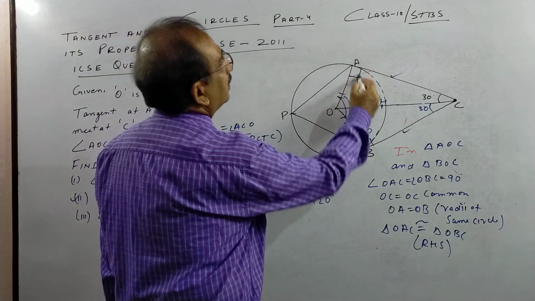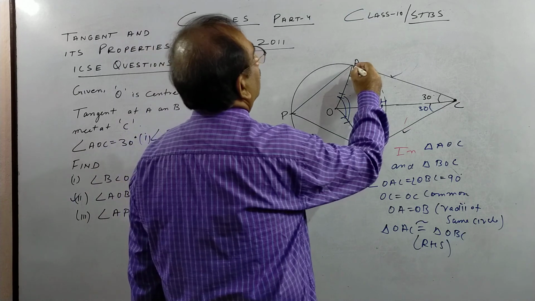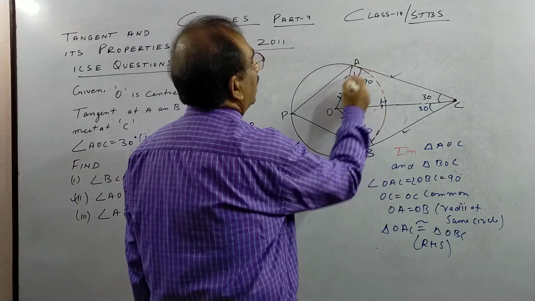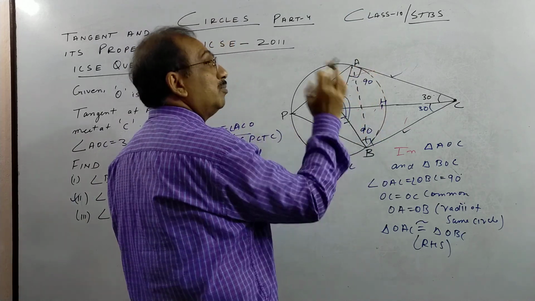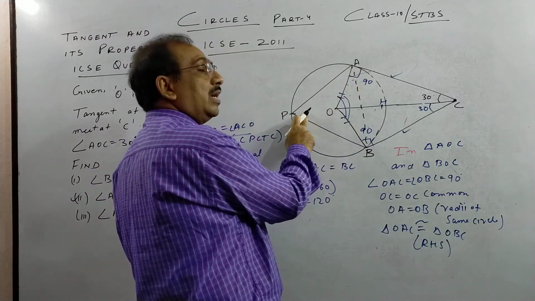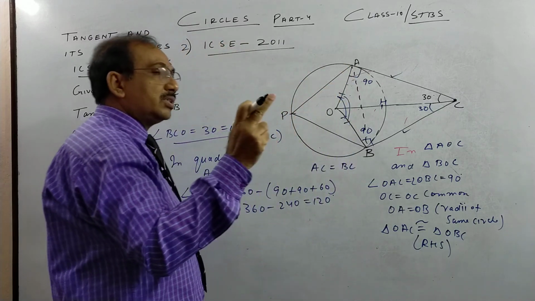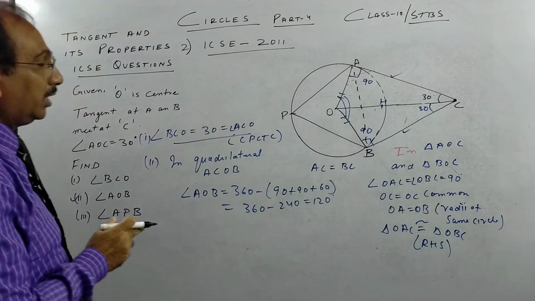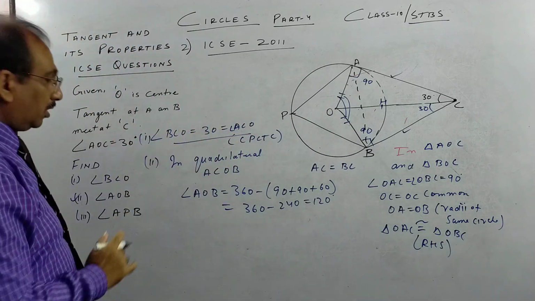So angle, this is C, this is the segment. So angle at the center is double. See my part 1 of the video where I have explained angle at the center is double the angle at the circumference. Very first part 1 video and I think very first theorem, if I remember.